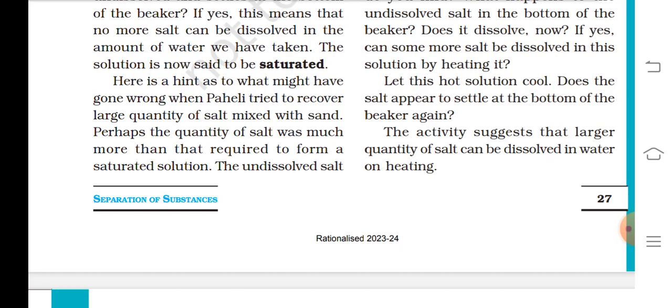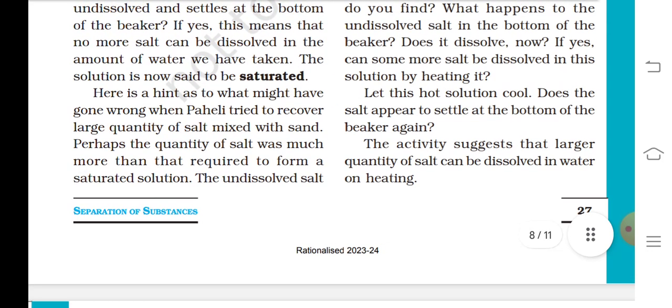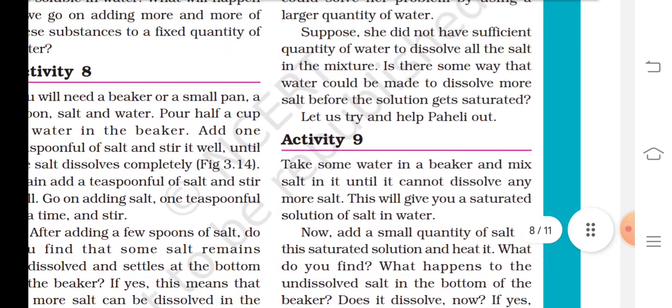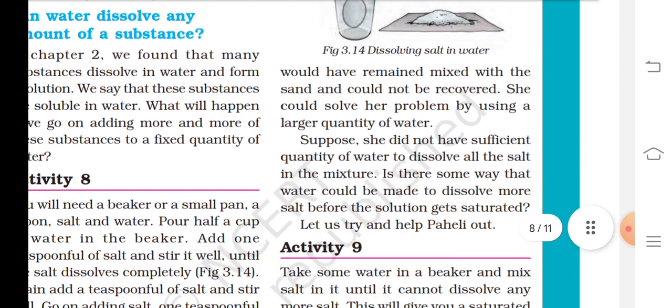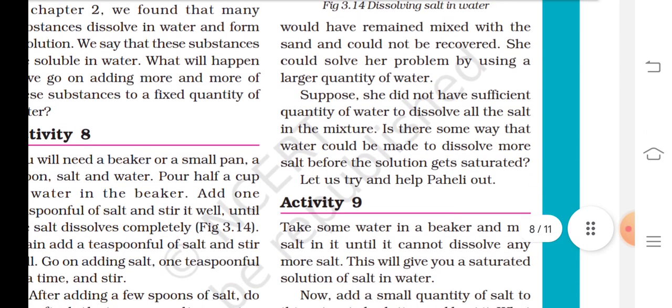Here is a hint as to what might have gone wrong when Paheli tried to recover a large quantity of salt mixed with sand. Perhaps the quantity of salt was much more than that required to form a saturated solution. The undissolved salt would have remained mixed with the sand and could not be recovered.